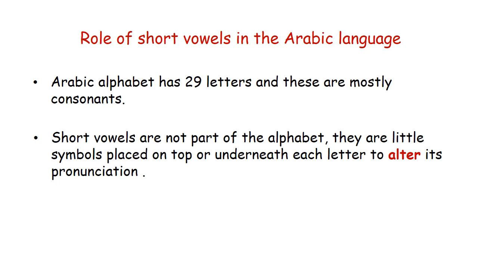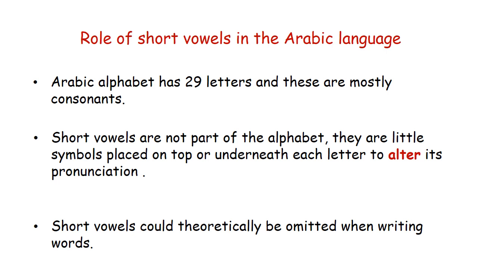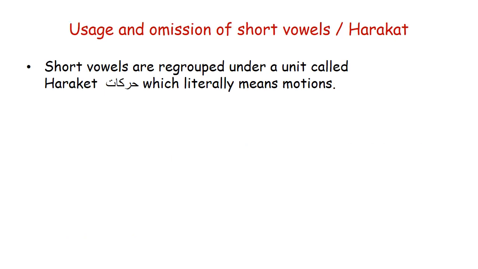Arabic is renowned as a consonantal language, which means short vowels could be theoretically omitted when writing words. However, spoken Arabic obviously has short vowels sound. And we are going to explain this right away in our next section called Usage and Omission of Short Vowels. Short vowels are regrouped under a unit called Harakat, which literally means motions.